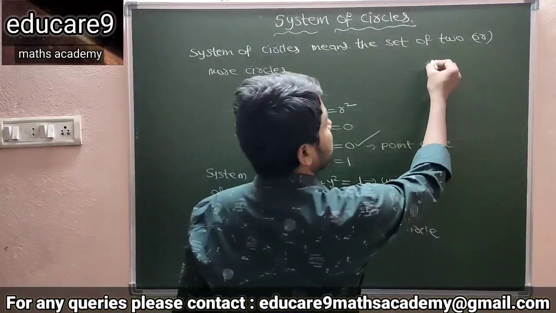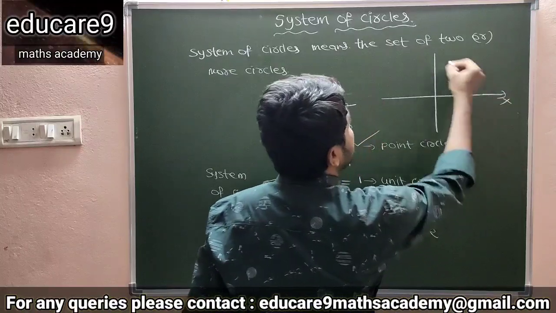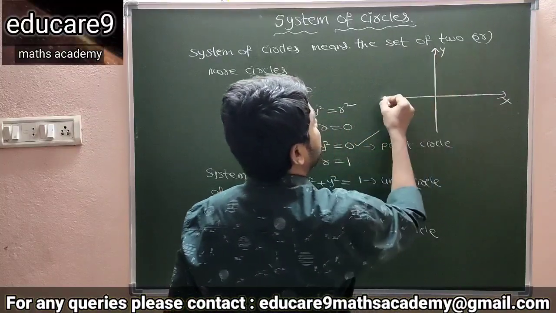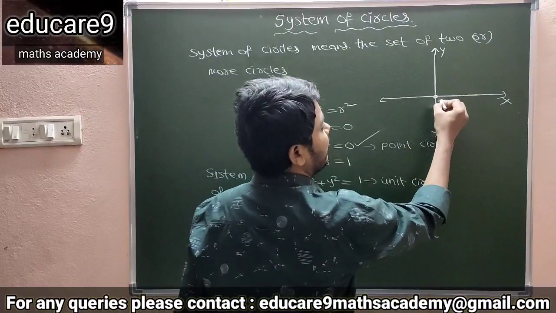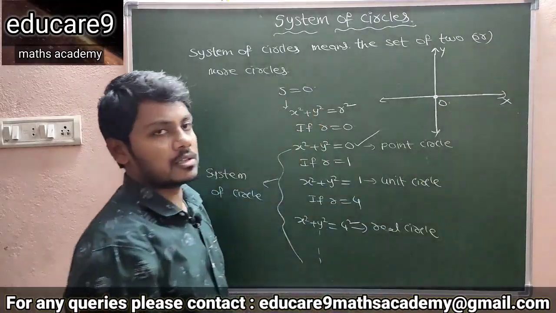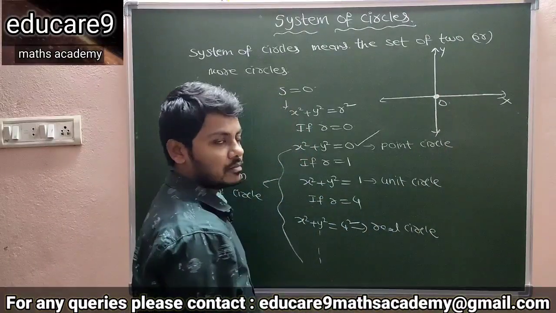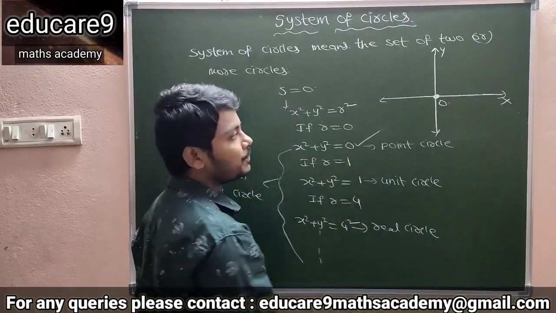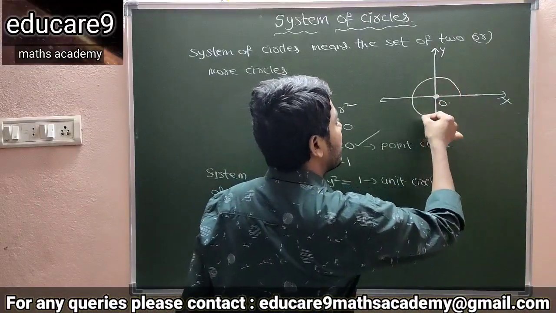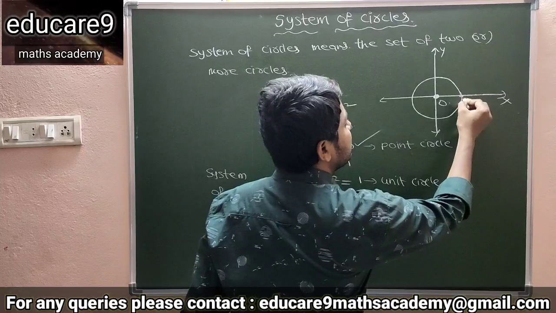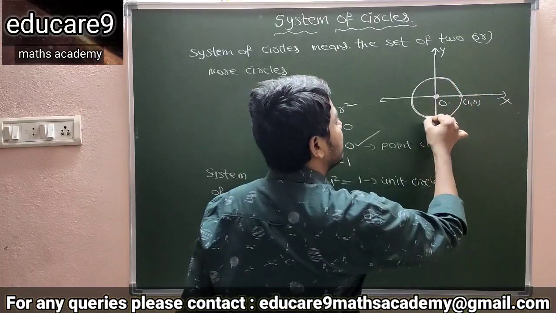So see here, consider the coordinate axes, the x and y axes. This is the point of intersection of the two axes, that is the origin. Clearly this represents a point circle whose radius is 0. And this circle, whose radius is 1, is called a unit circle.